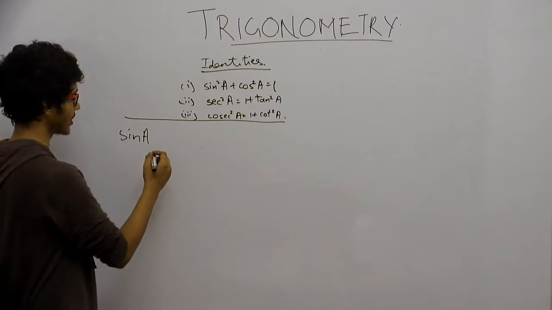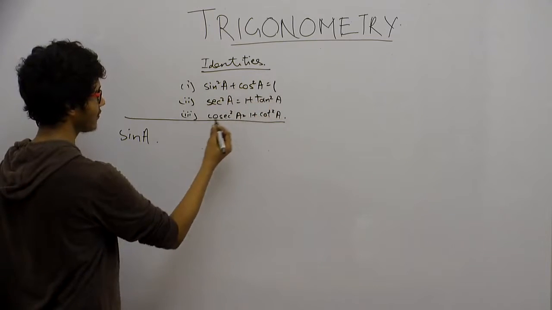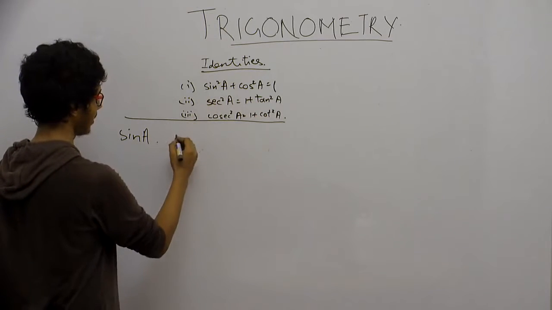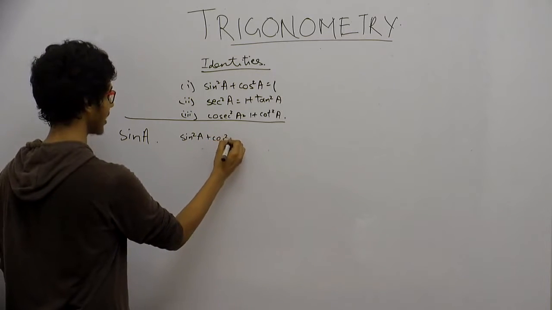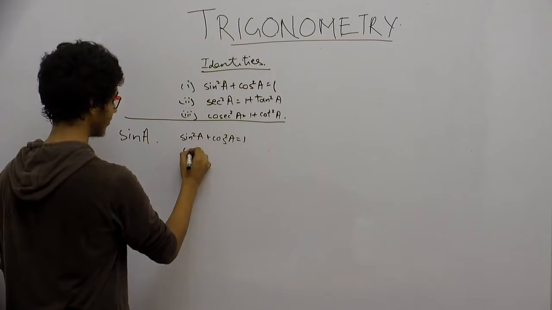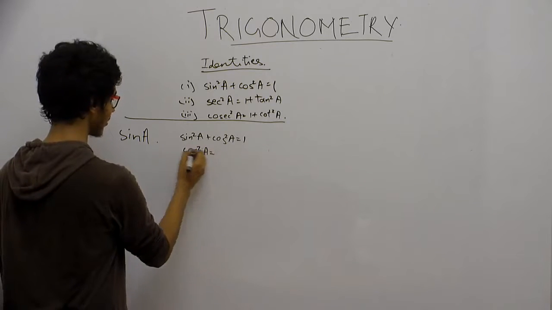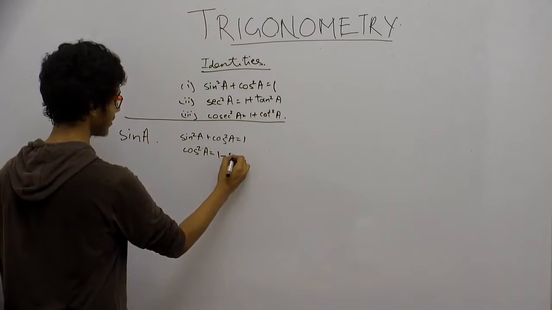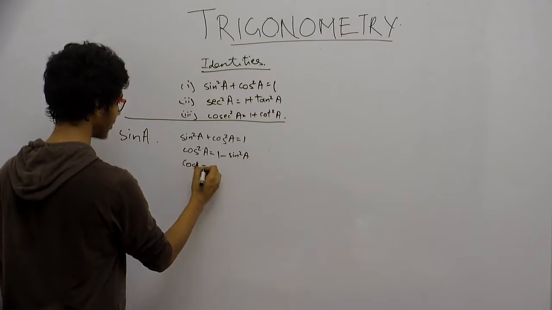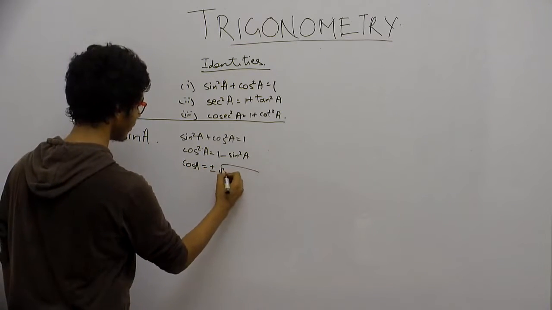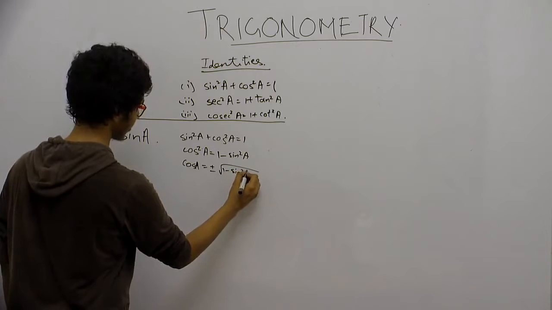Now how do we proceed? We use the first equation for the first, cos A. So we know that sine square A plus cos square A equals 1 implies cos square A equals 1 minus sine square A implies cos A equals plus minus root over 1 minus sine square A.